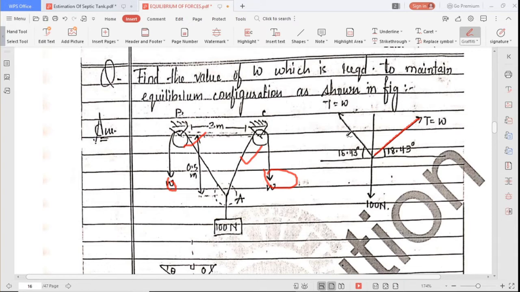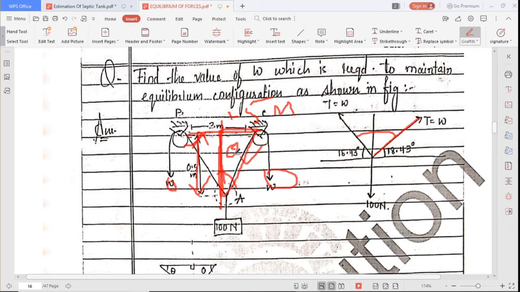Okay, fine. Then we have to find angles so that we can apply Lami's theorem. So this is forming a triangle, right? Now this is 1.5 meter. What we want is this theta. So what is this distance? This is 0.5. Okay, so this becomes a right angle triangle.